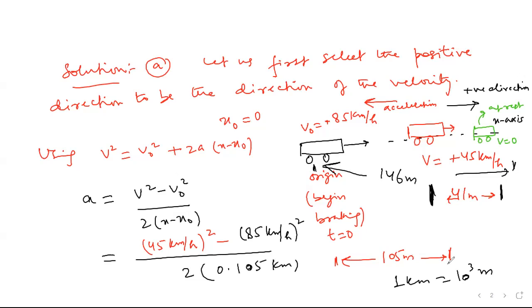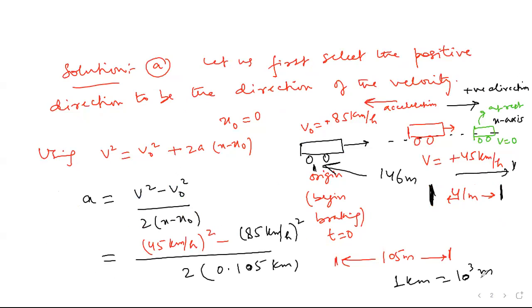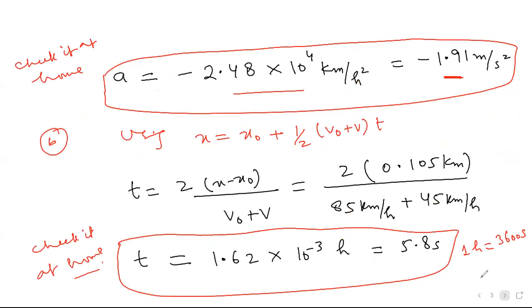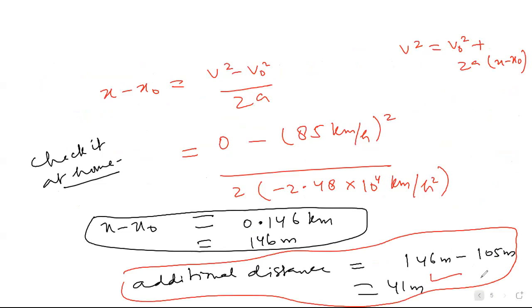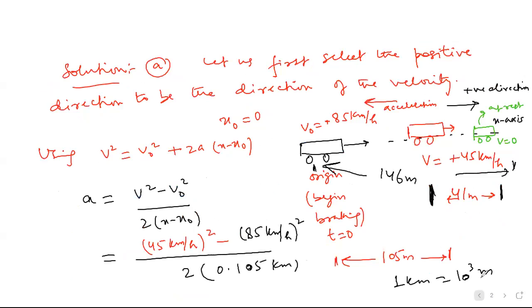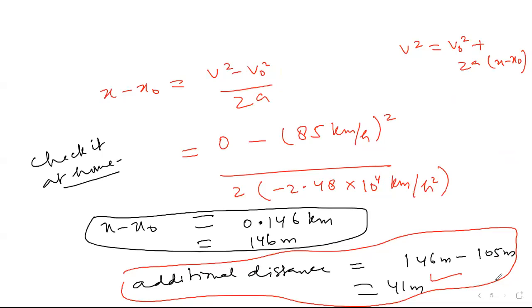Then we subtracted this distance 105, so we got 41 meters. I hope you got the problem. First we calculated acceleration, then the time elapsed, then the additional time elapsed and additional distance moved from the point where speed was 45 kilometers per hour to the point where speed is 0. Think about these problems and check all the calculations at home.